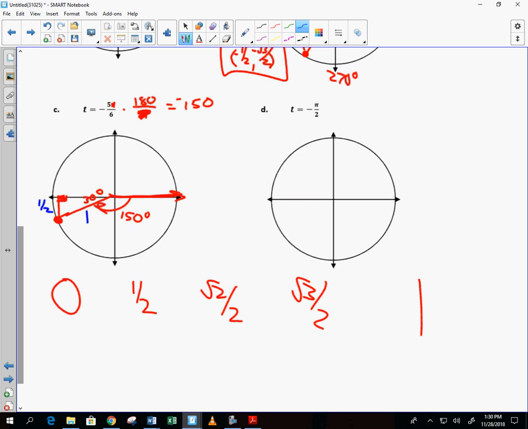Multiply by, and I get the root of 3 over 2. So if I want to know that coordinate, how far do I go in the x direction? Negative root of 3 over 2. How far do I go in the y direction? And that's the terminal point.